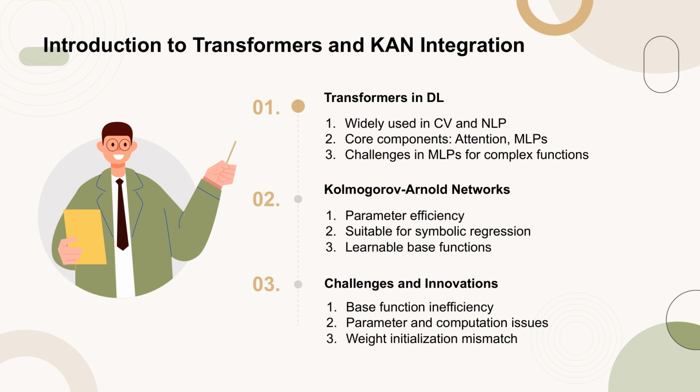Kolmogorov-Arnold networks, KANs, have emerged as a promising alternative due to their theoretical parameter efficiency and suitability for symbolic regression tasks. However, integrating KANs into transformers has faced challenges, including base function inefficiency, parameter and computational overhead, and weight initialization issues. This paper introduces innovations to address these challenges, aiming to enhance the performance and scalability of KAN-based transformers.